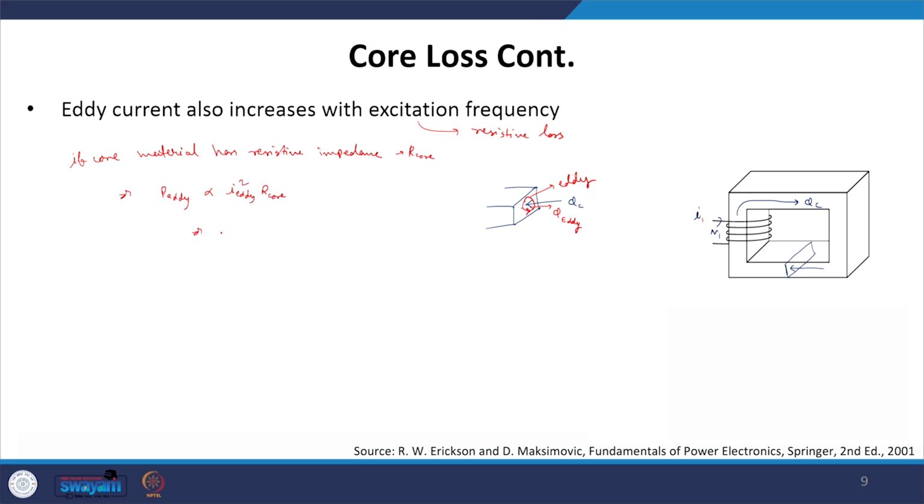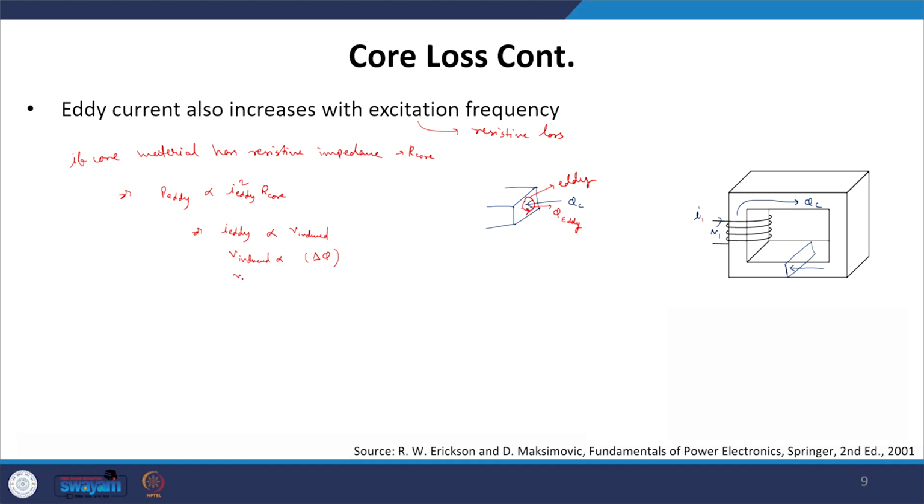Now the amount of eddy current induced is directly proportional to the amount of voltage induced, and this induced voltage depends upon the change in the amount of flux crossing this area of cross section, which is delta phi.